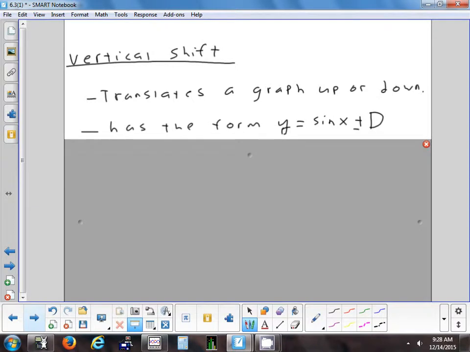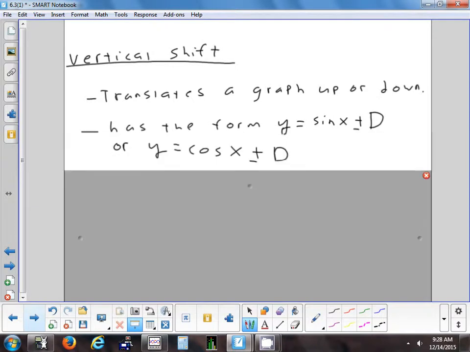Okay, and it has the form y equals sine or cosine of x plus or minus d. And I would advise you in your notes, use the letters I'm using, because this is going to tell you, when you have all the transformations in the same problem, the order to do them in. So there's 4 transformations. This would always be the last one.